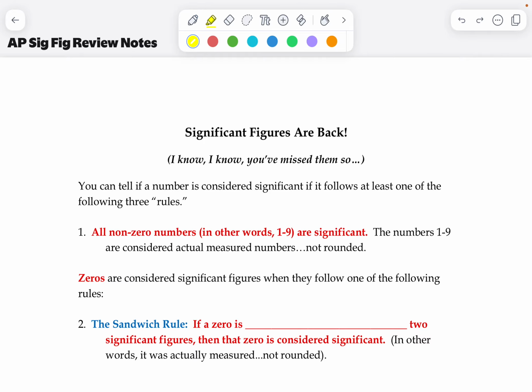The first rule is that any number that's not a 0, so in other words 1 through 9, would be considered significant. Why would you write down that something is 13.27 centimeters long unless you thought it was 13.27 centimeters long? The thing is, though, when you're looking at zeros, there's something weird about the way the human brain works.